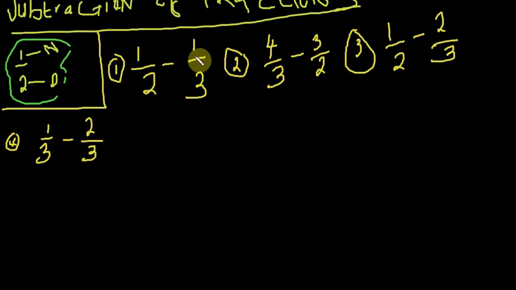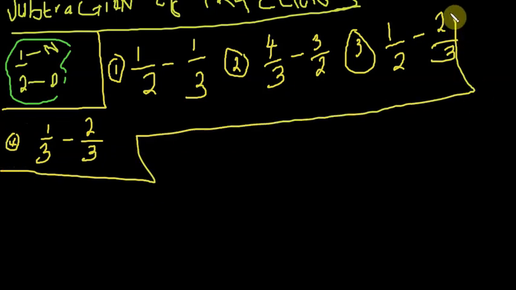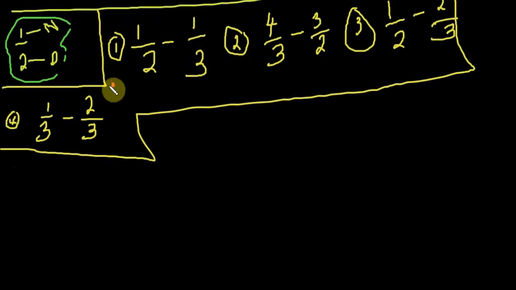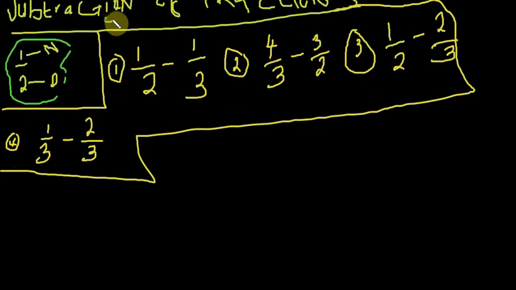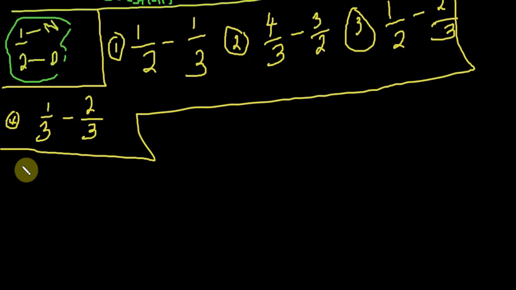Okay, so these are the questions we are going to attempt in this example. All right, first one. Here we will have the questions, and here we will write the answers.